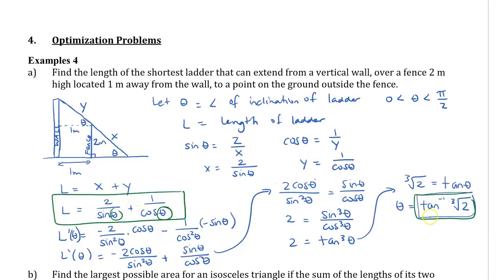So when I plug that in, I'm going to get L is equal to 2 divided by sine of inverse tan of cube root 2 plus 1 over cos of inverse tan of cube root 2. And when I plug that in, I will get 4.162 meters, which you can try and plug in yourself, and you should try to do that yourself too.